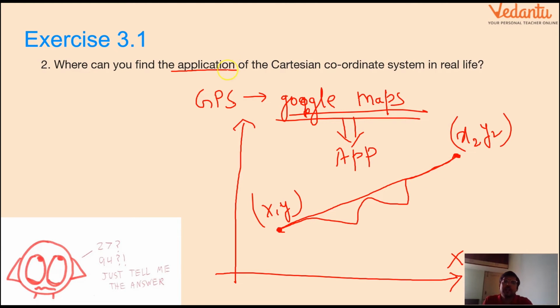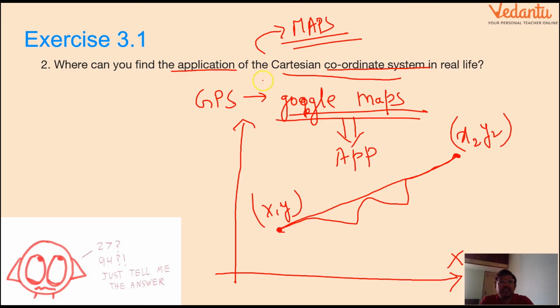So let me tell you, although it's not only coordinate geometry, there are multiple other factors also, but the basic building block or the starting point for drawing any type of maps is this Cartesian coordinate system. Even the maps which you study, all those maps are drawn using this coordinate system only. So the real life application for this coordinate geometry is maps.